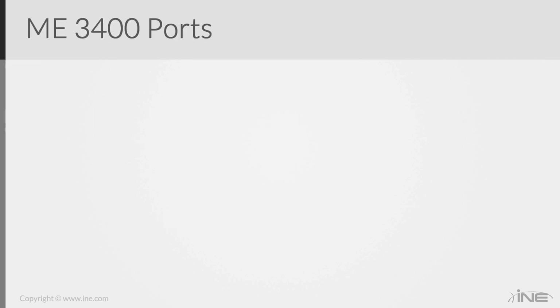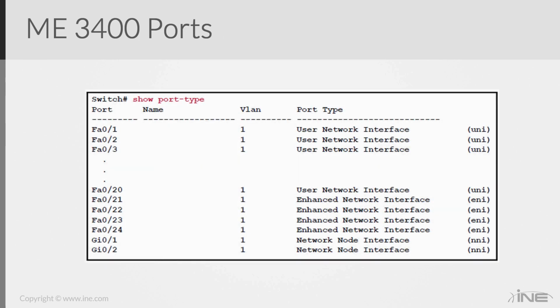Now, as for an output, I don't have an ME3400 switch to show you, so the quickest, easiest way to do this is to show you a quick screen cap of something that you could see. Basically, as you can see here, these 3 ports here are connected down to an edge device.